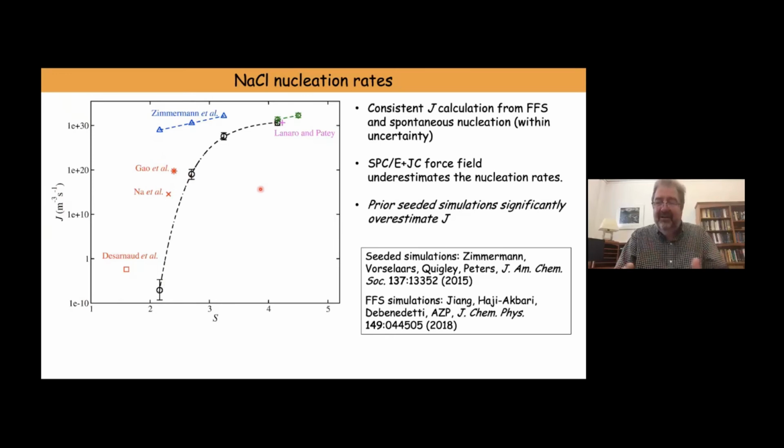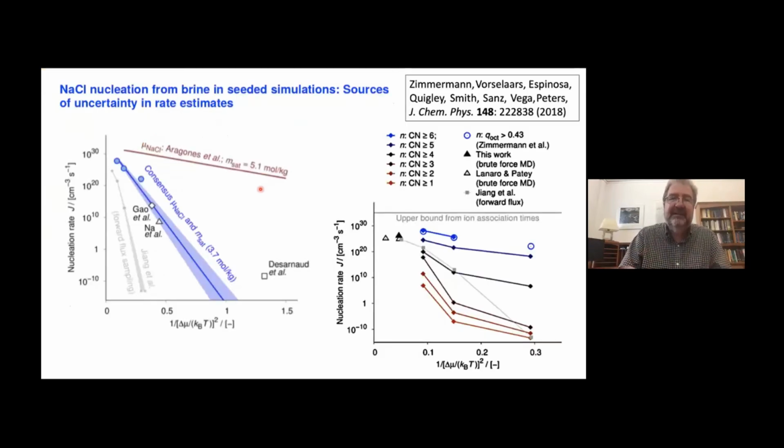So the initial issue was, what is wrong? Why do we have this large discrepancy? It turns out that the seeded simulations need to be extremely careful in how the definition of what is crystal and what is solution is done, and it depends on the choice of the coordination number used for calculating it.